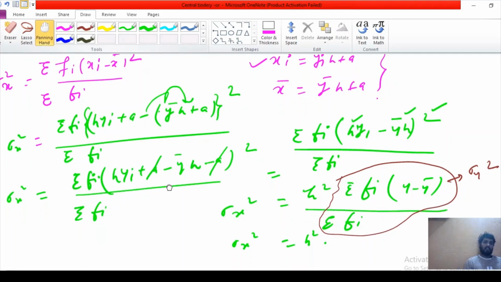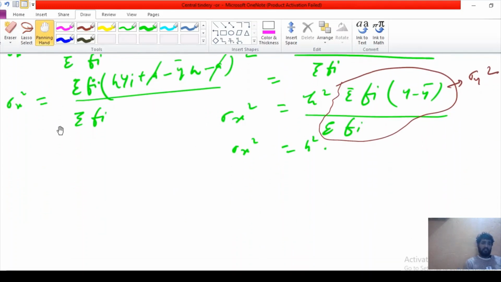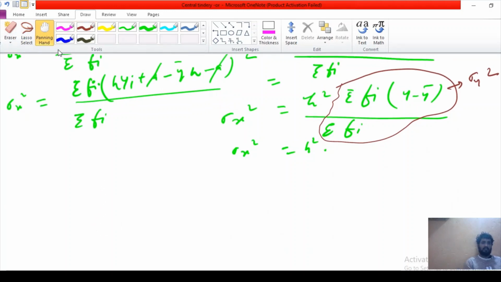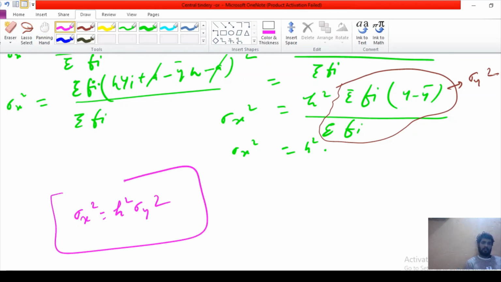So this is our relation: sigma x square is equal to h square sigma y square, right? We'll come to questions.